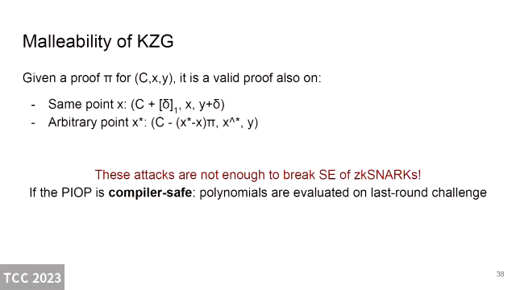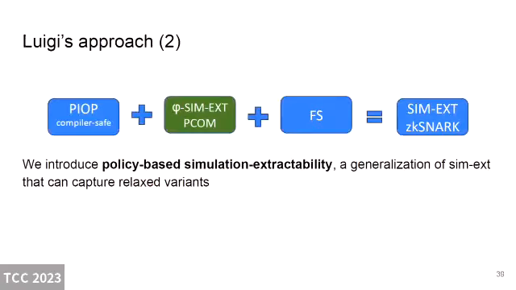The fact is that even though these are malleability attacks on KZG, they are not sufficient to break simulation extractability at the SNARK level. This is true if the PIOP is what we define as compiler safe, so that all the PIOP polynomials are evaluated on the last round coin of the verifier. So we cannot require a polynomial commitment to be fully simulation extractable, but maybe we can require some policy-based simulation extractability, which is just a generalization of the usual simulation extractability experiment.